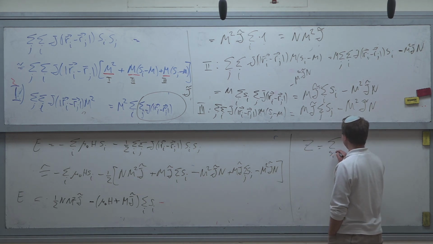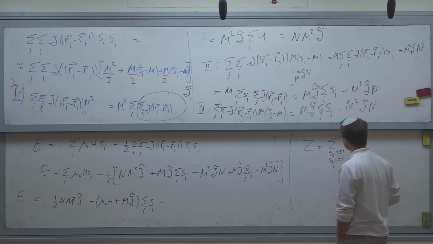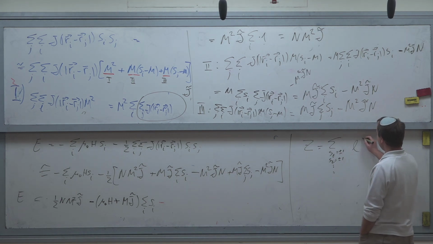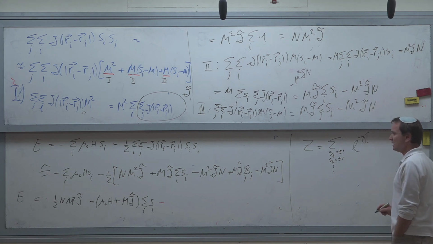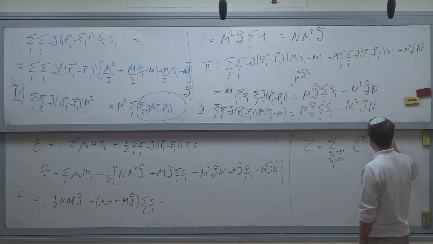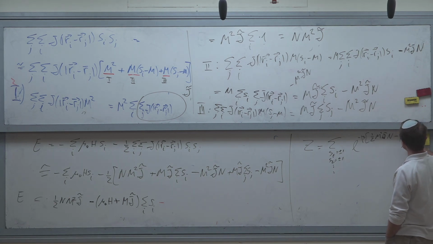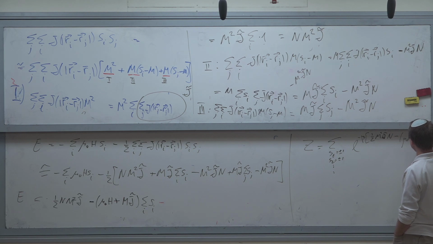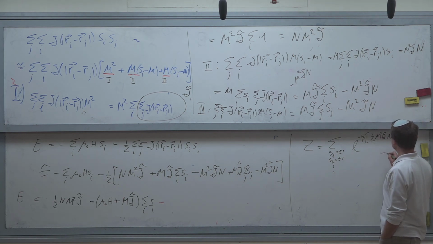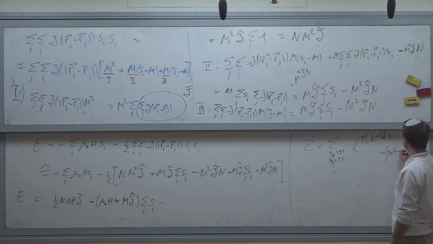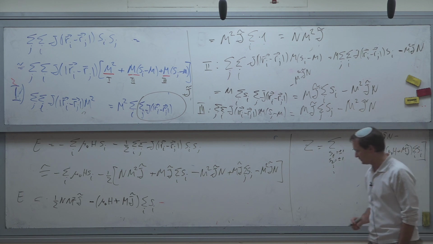A sum over s_1 equals plus minus 1, s_2 equals plus minus 1, etc., of e to the power minus beta, and inside here we have 1/2 M squared J tilde N minus mu 0 H plus M J tilde, sum over i of s_i, that's it.